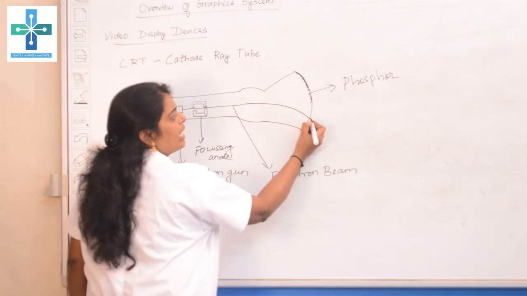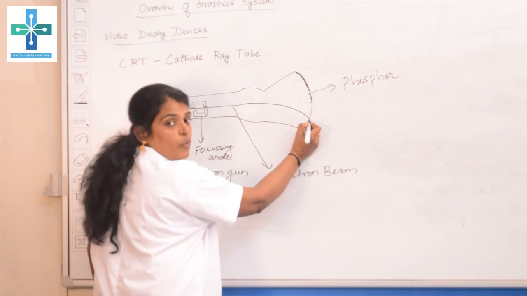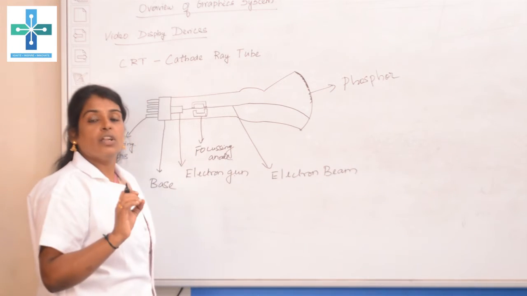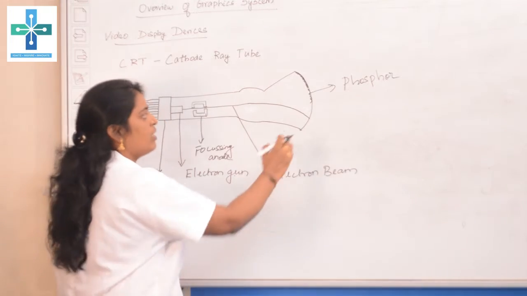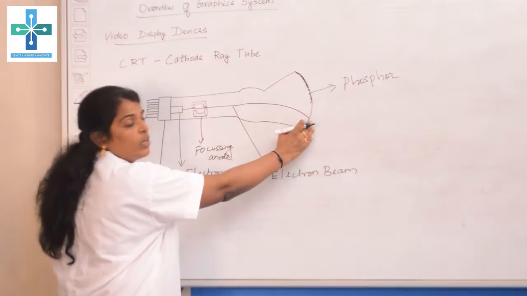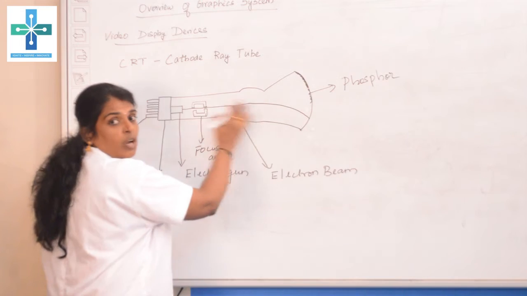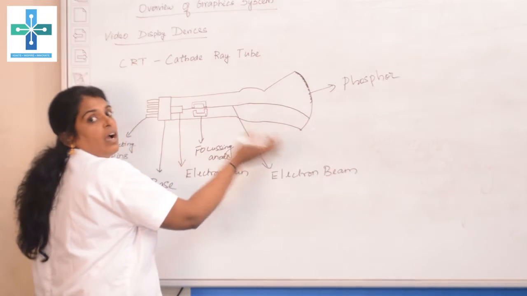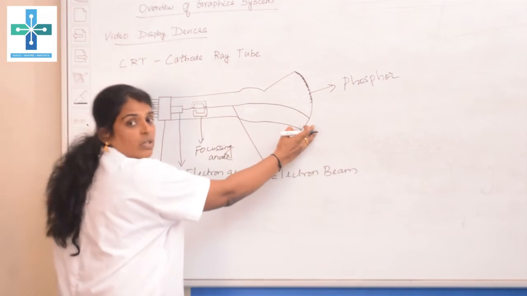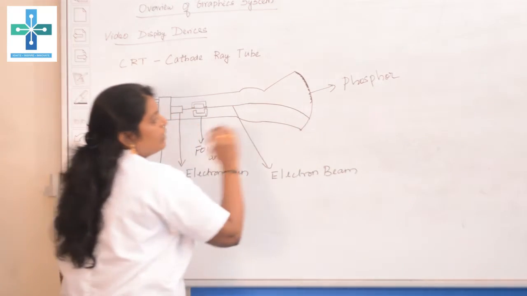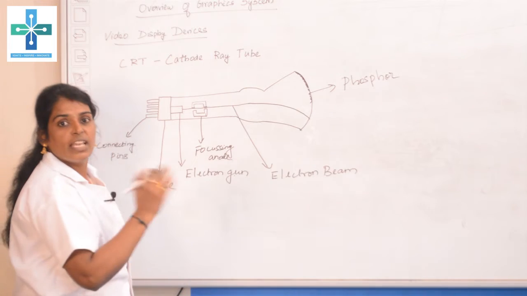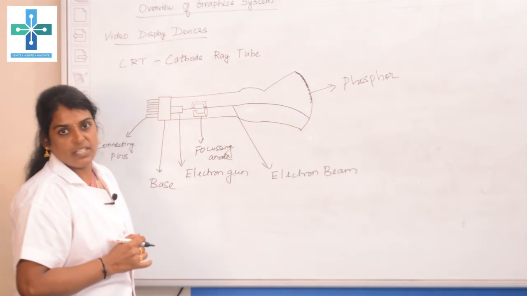To make the picture appear continuously, we should make the electron beam strike the phosphorus coated screen again and again. This type of refreshing of a screen is called CRT refreshing.